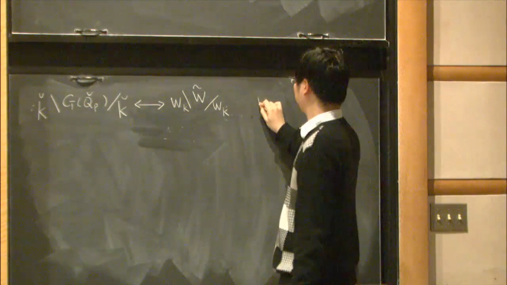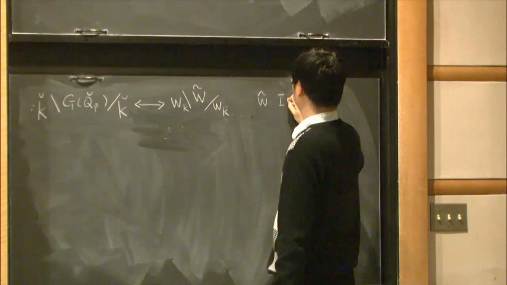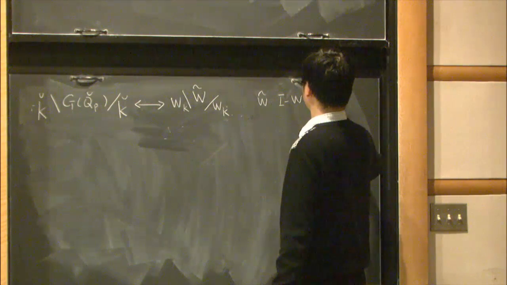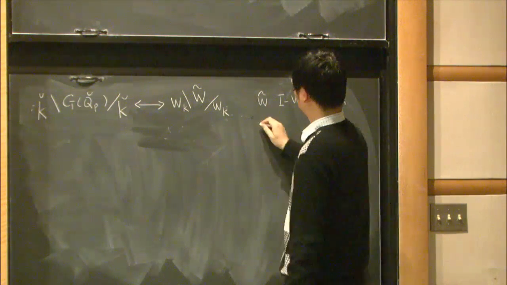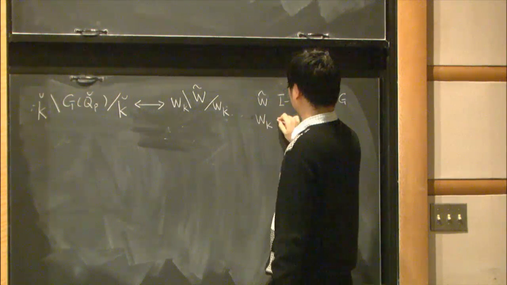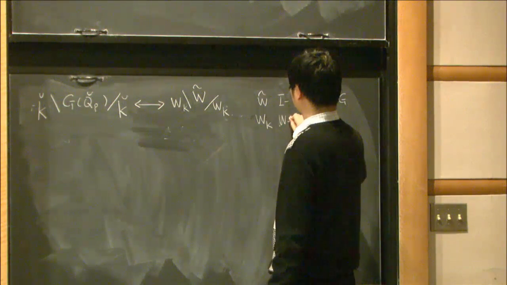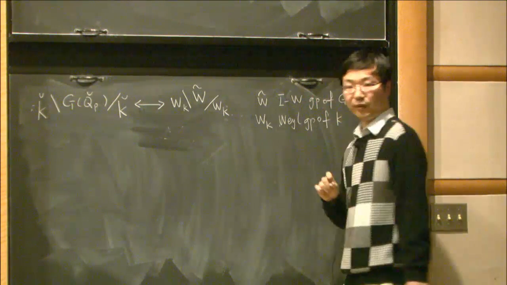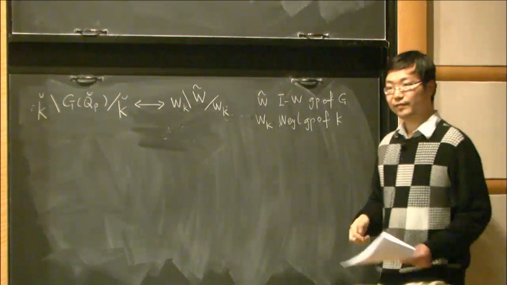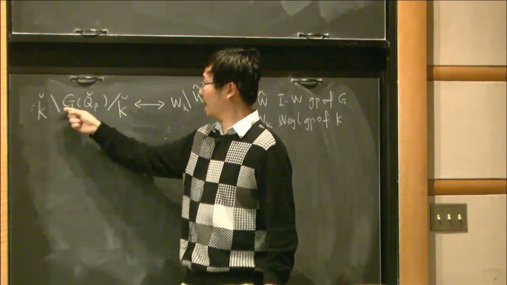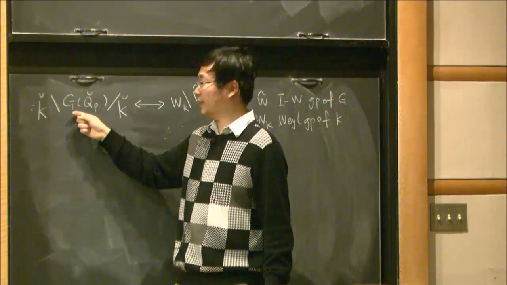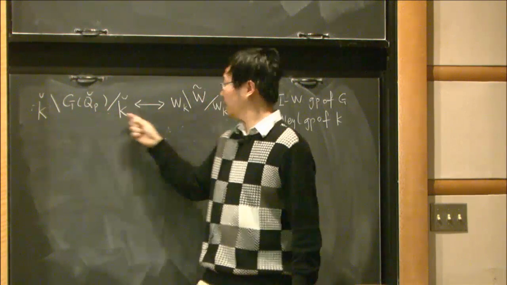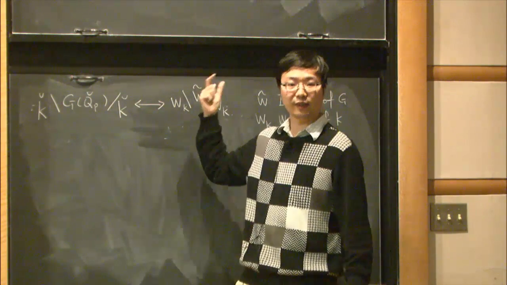So here W̃ is the Iwahori-Weyl group of G, and W_K is just the Weyl group of this parahoric. Well, if G is unramified and K is hyperspecial, then what you get is just the set of all the dominant weights.